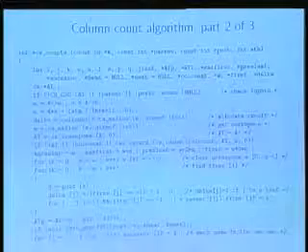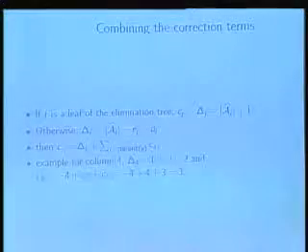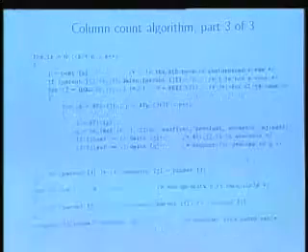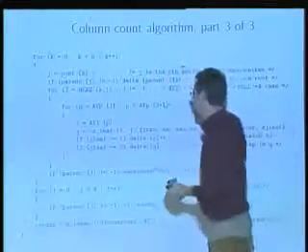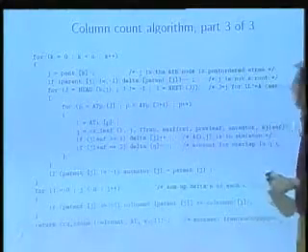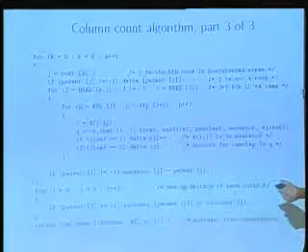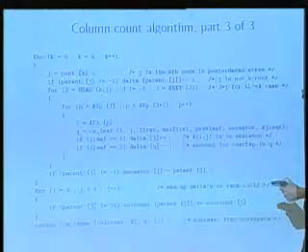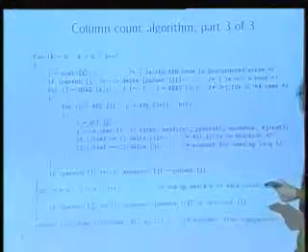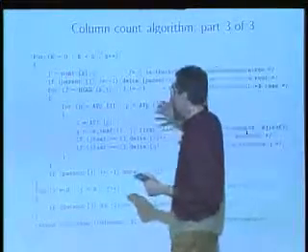So then this is going through every entry in the column, and I don't have to check to see if it is, but I'll check later to see if it's in the upper triangular part. I skip it.